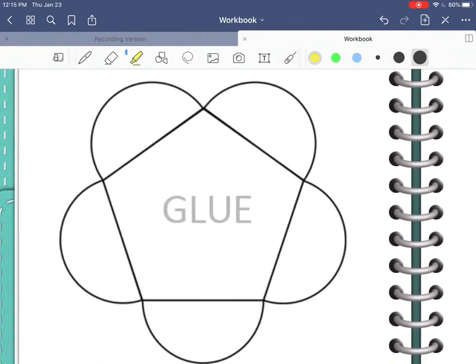It looks like a flower when it's open. And you have the word glue, so you're looking at the word glue. Okay? This is very important. You're looking at that word glue. Okay, on this flap, I want you to write the word stripes.